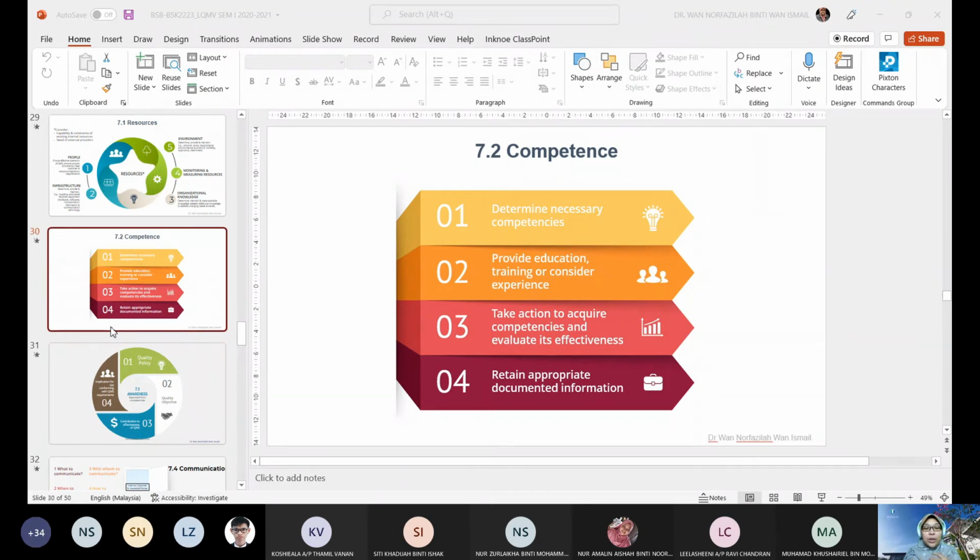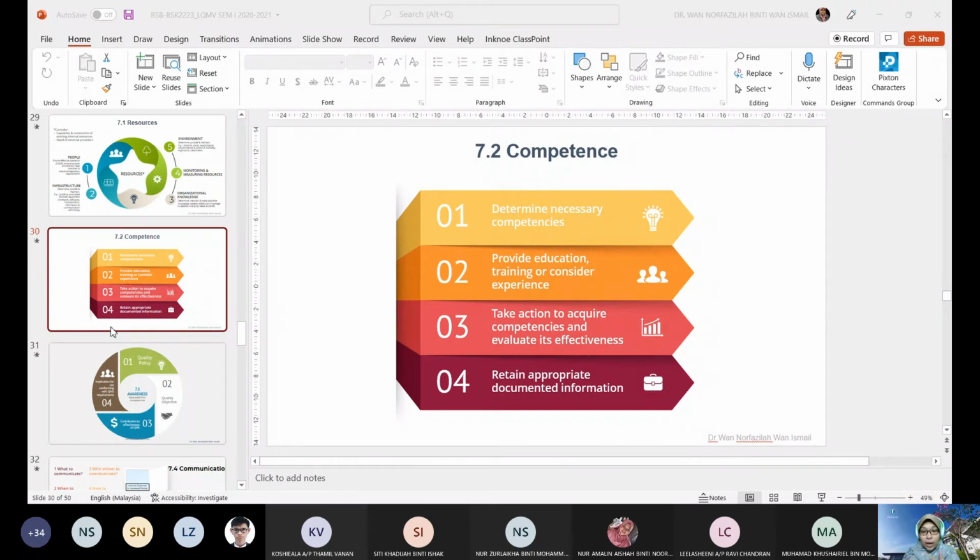Means that you are doing step 1 to determine the necessary competencies by doing a meeting with management people, and then you come up with a list of necessary competencies. The minute of meeting is one of the objective evidence or proof for the first step in fulfilling 7.2, clause 7.2.